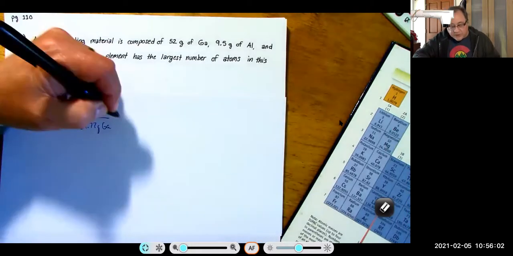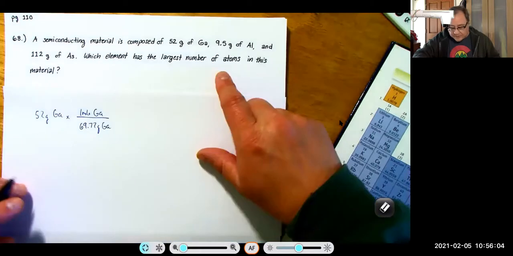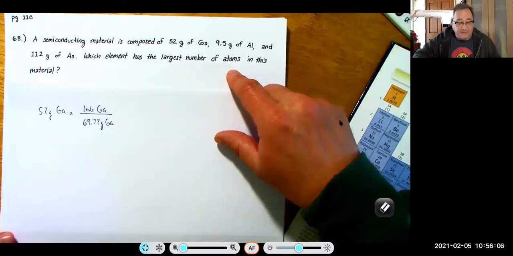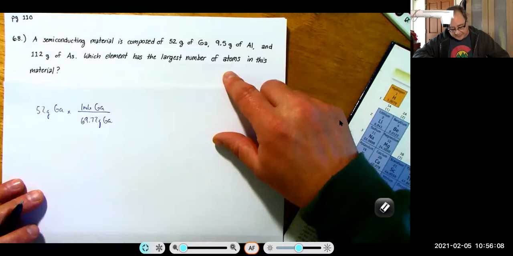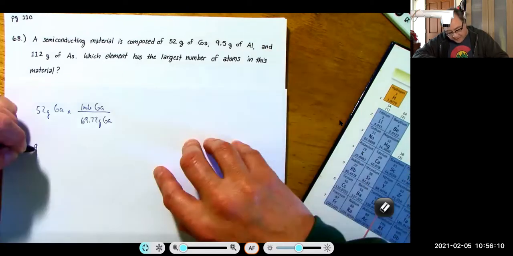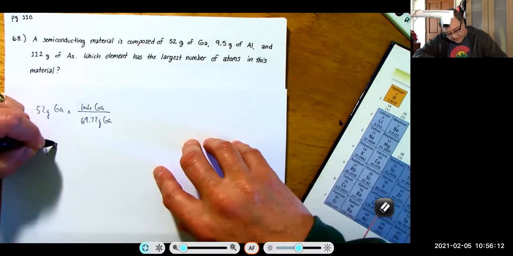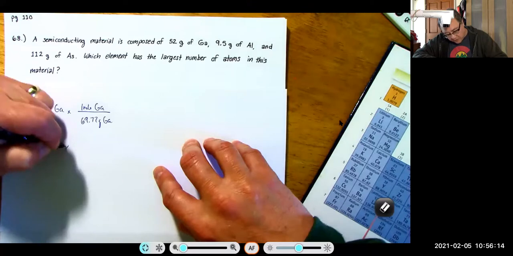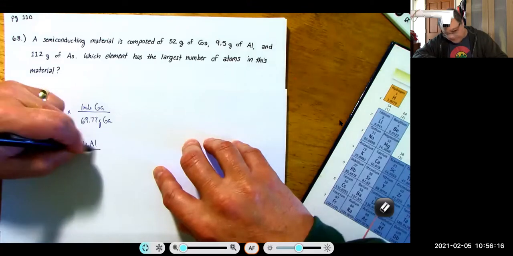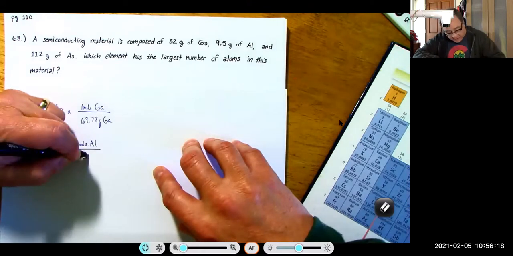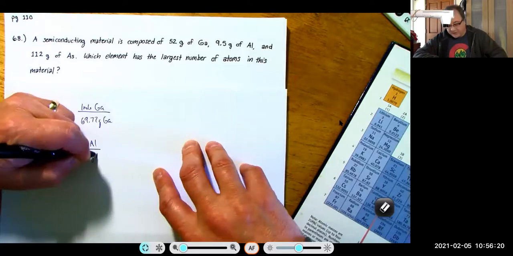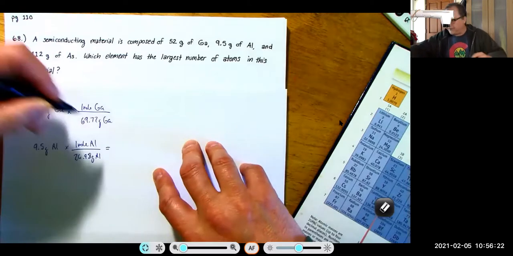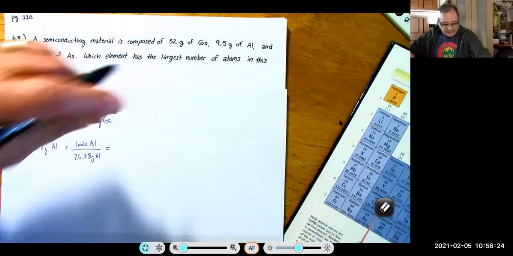And here this says, which has the larger number of atoms? So it seems like we should calculate atoms, right? I'm not going to. We have 9.5 grams of aluminum times 1 mole of aluminum over 26.98 grams of aluminum.